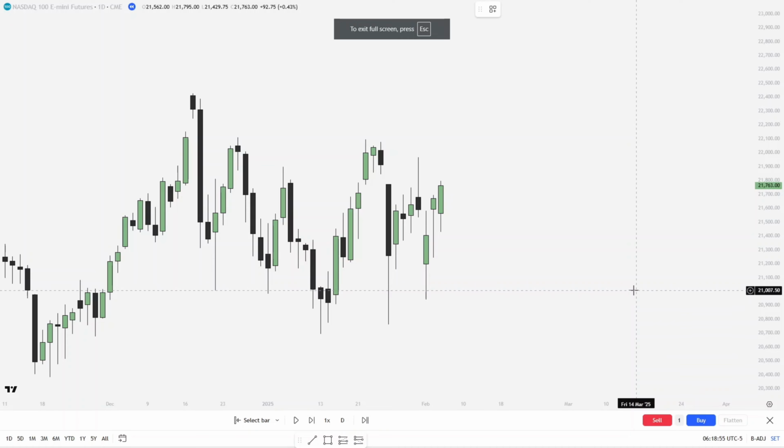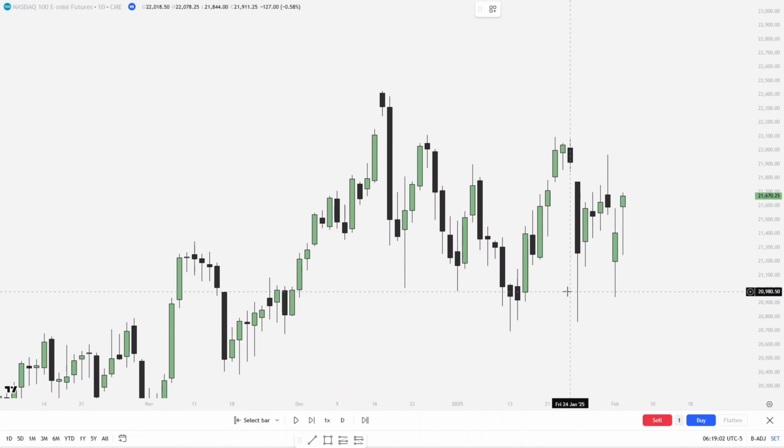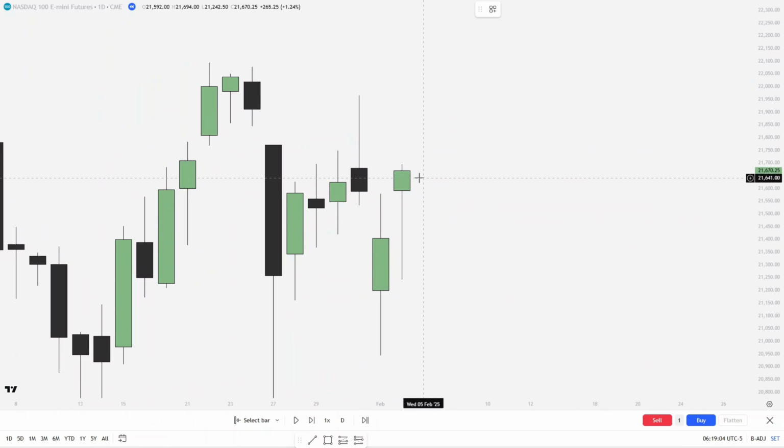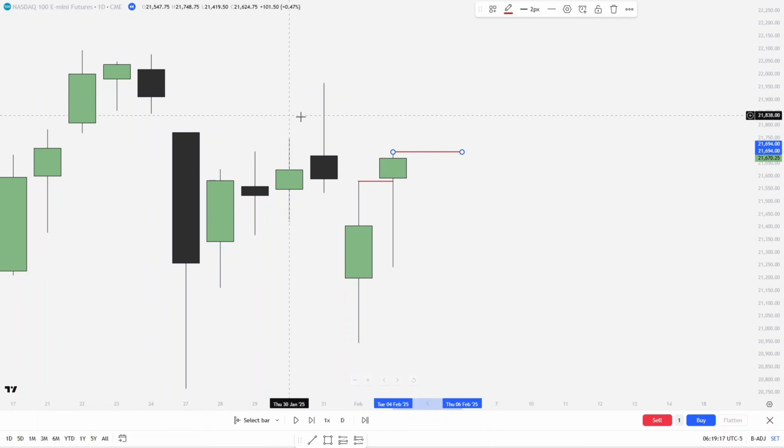And here we are on the Nasdaq daily chart. As you can see, the Nasdaq has just created a daily candle, which will be the previous day high, and then I can see the closure above. So we should target this previous day high. I can just go to the H1 chart.